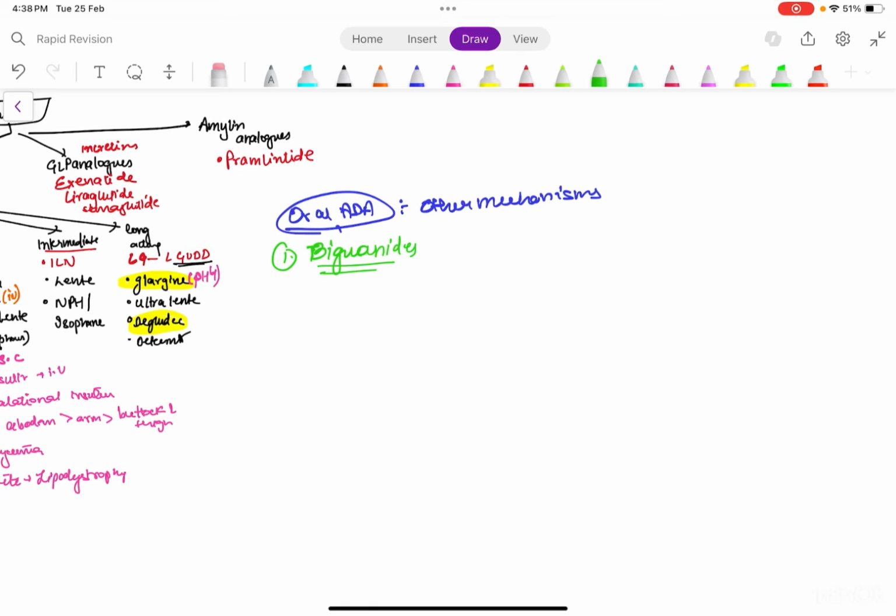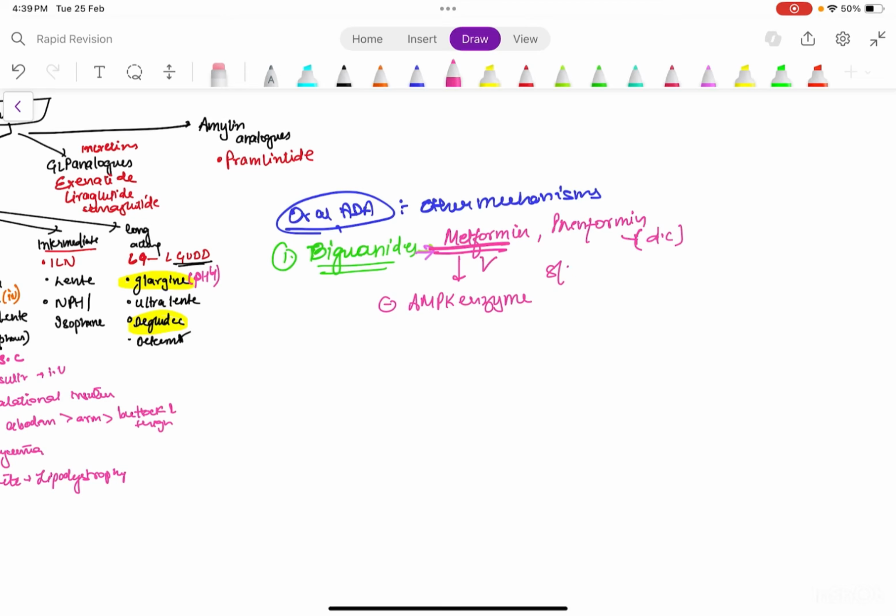In biguanides we have metformin and phenformin. Phenformin is discontinued, metformin is used. Biguanides, basically metformin, act by the inhibition of the AMPK enzyme.